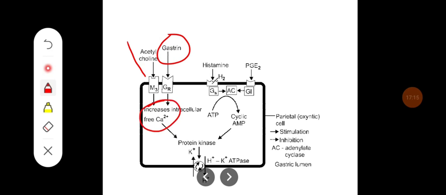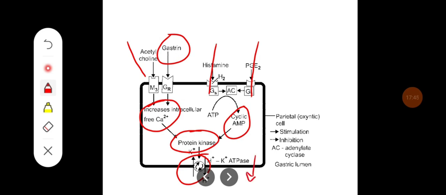Histamine and prostaglandins act on their receptors, whereas histamine stimulates the production of HCl, while prostaglandins inhibit acid secretion by altering the levels of cyclic AMP. Increased cyclic AMP increases the activity of the protein kinase with the calcium, so that increases the hydrogen potassium activity to increase the production of HCl.